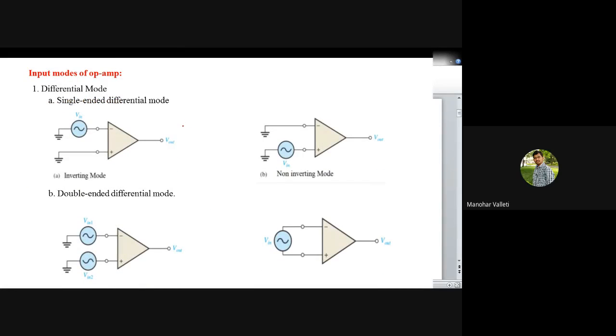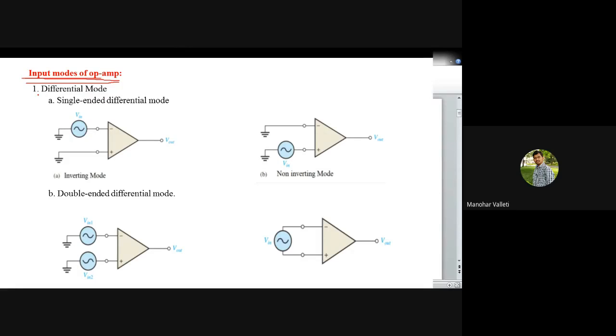Now let's see the different modes of operating the operational amplifier, the different input modes. There are two modes: one is differential mode and one is common mode. If you are applying two inputs, that is why we call them different input modes.